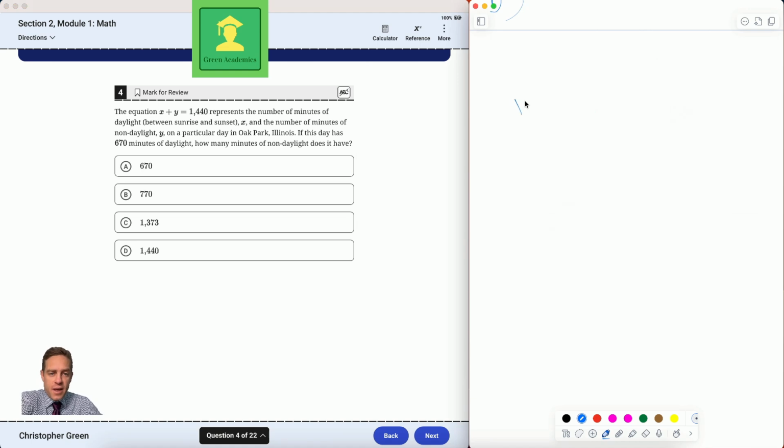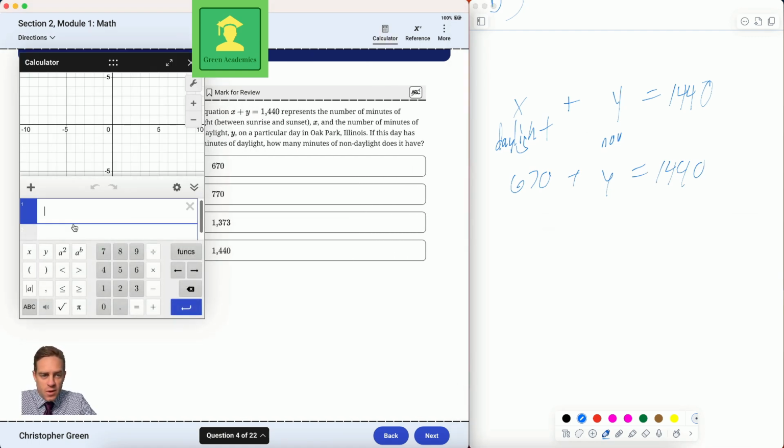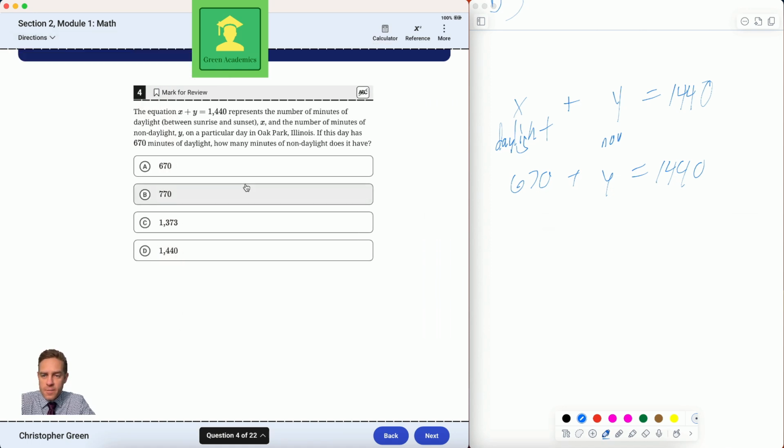So x literally is daylight, and y is non, and they add up to 1,440. So if x itself is 670, then you're just hitting that difference. And let me do it on Desmos, right? So 1440 minus 670 is 770.